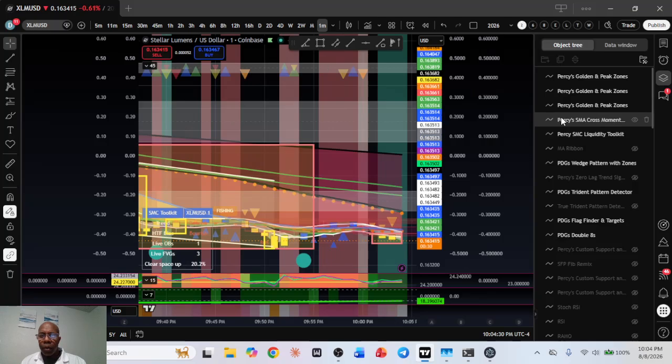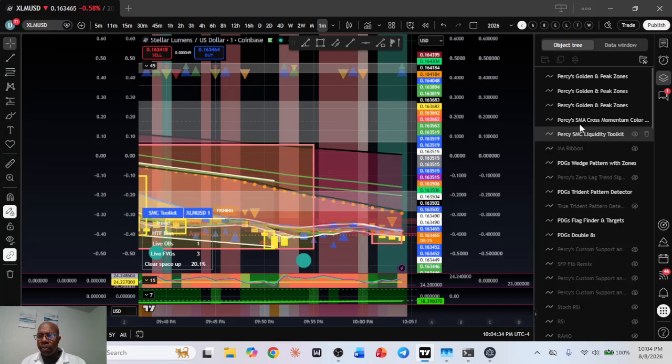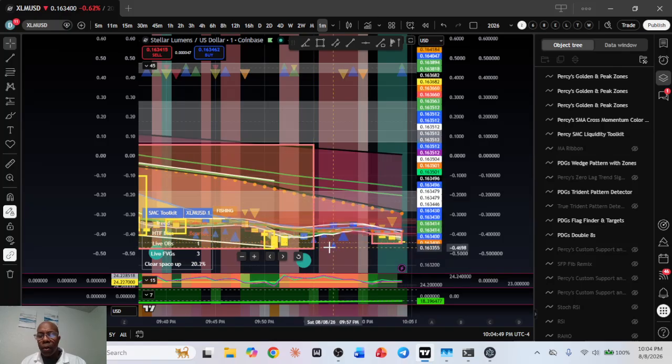We have the beautiful color of the candles indicating the trend. Yellow is down, blue is up. We have the liquidity sweeps, liquidity grabs, the change of character, which is a reversal pattern, and a continuation of structure or a break in the structure, which is a continuation pattern.